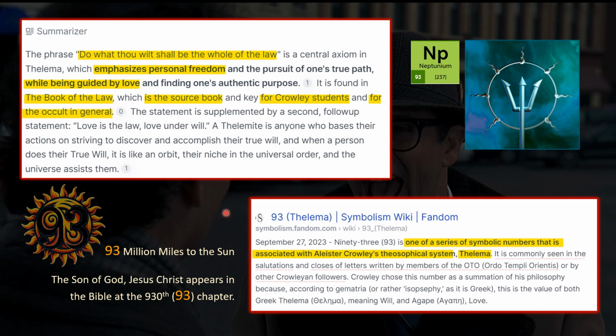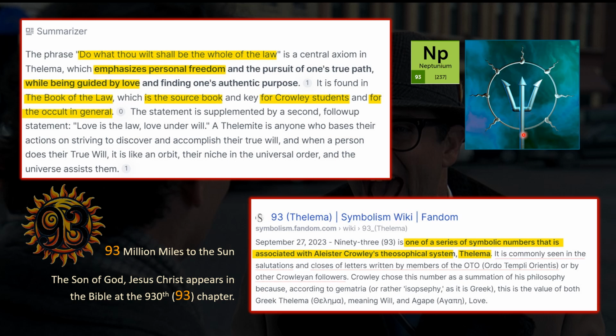And also the number 93. The number 93 is a very important number to the religion of Thelema. So the number 93 is one of a series of symbolic numbers that is associated with Aleister Crowley's theosophical system, Thelema. And the number 93 on the periodic table is Neptunium, and we see there Neptunium's artwork features the pitchfork, the symbol of the devil, within a circle, and it's an 8-pointed circle.